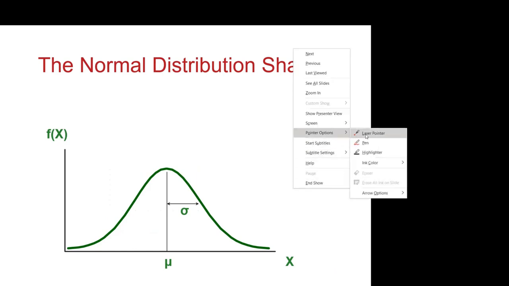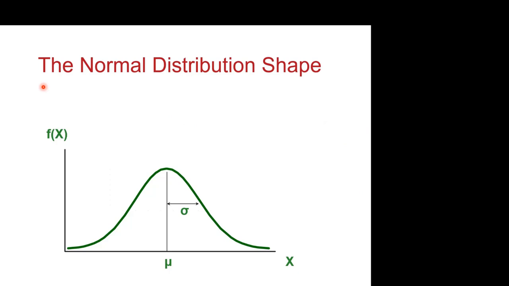Now, we have been looking at the normal distribution shape here. If we were to change the mu, or the mean value, of a normal distribution, the distribution will shift from left to right accordingly.